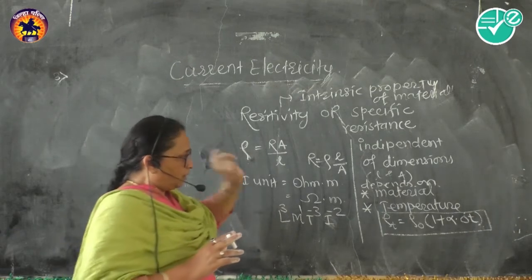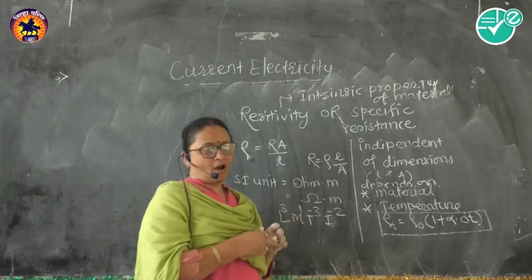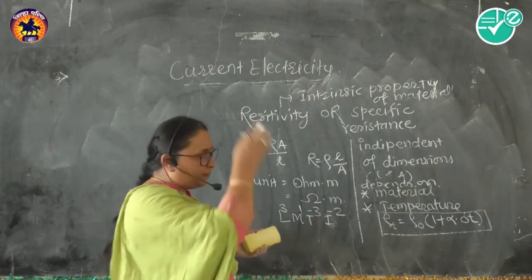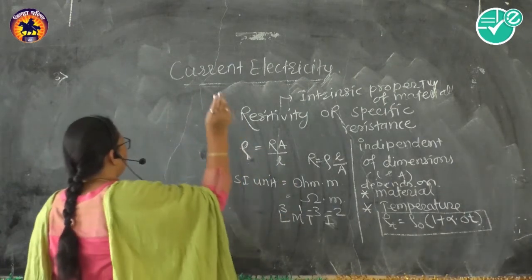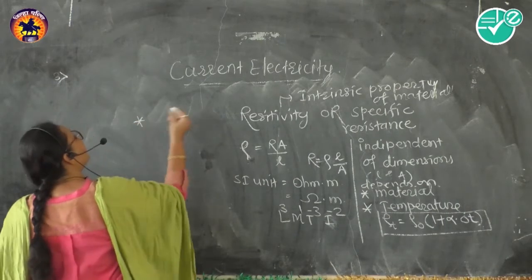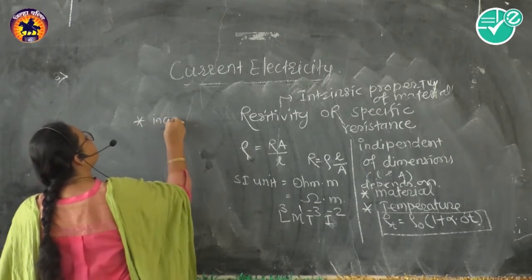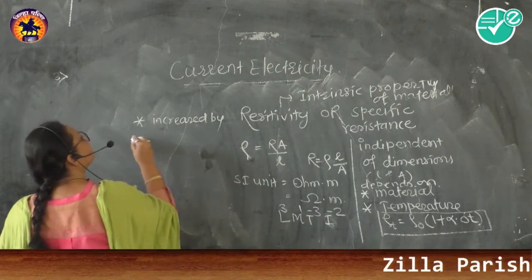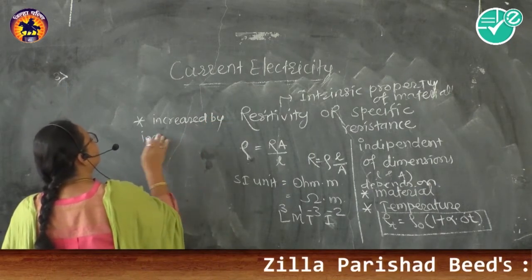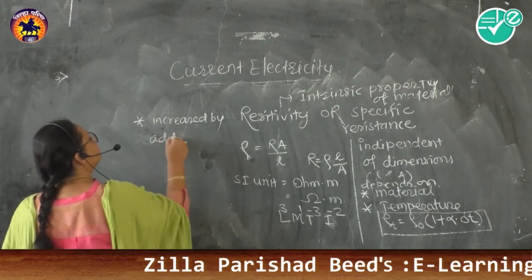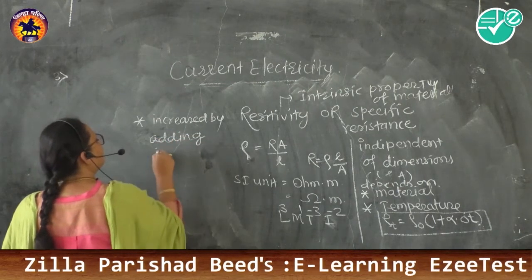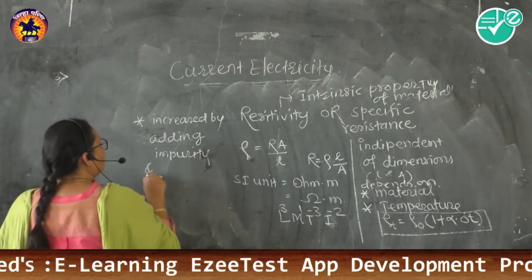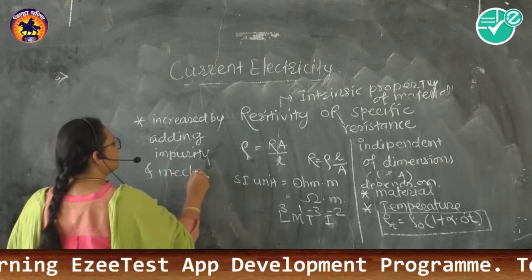Now the resistivity of any material, or resistance of any material, gets increased by adding impurity as well as by mechanical stress.